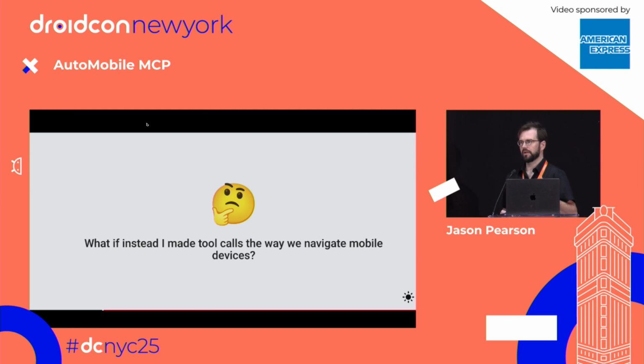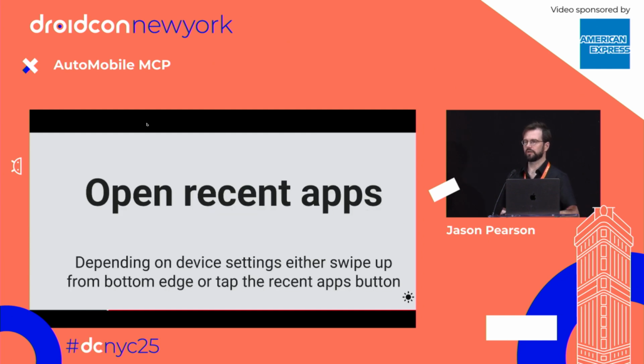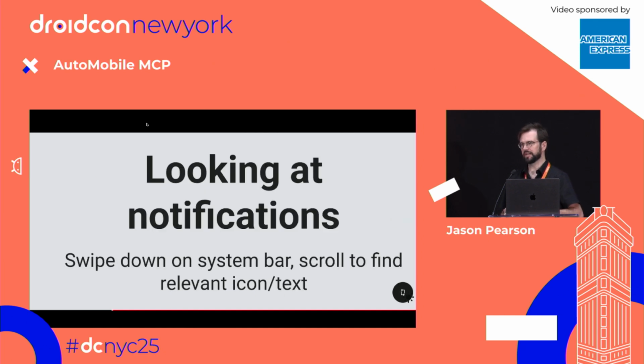And I was thinking to myself, what if we made the tools the way we navigate mobile devices? We could open recent apps by swiping up from the bottom edge, or tap the recent apps button in hardware. We look at notifications by swiping down. We don't just do some random robolectric shadow thing as a human being.